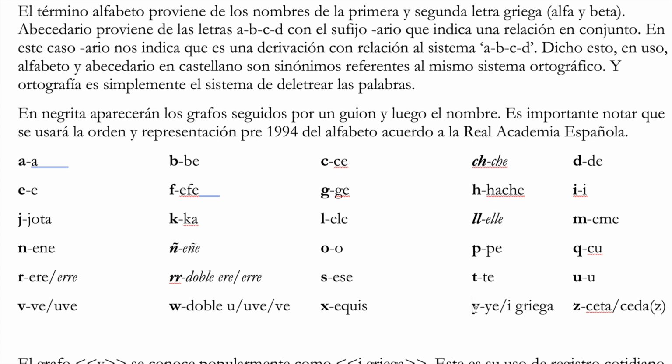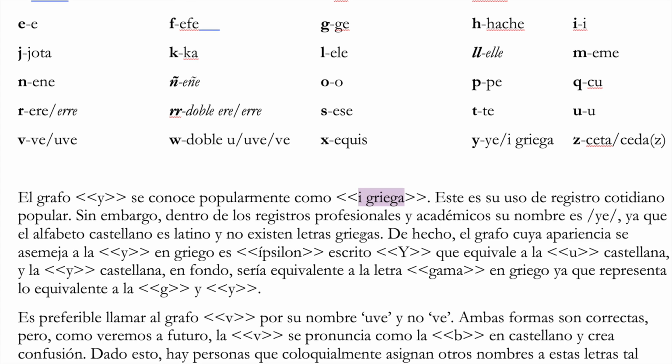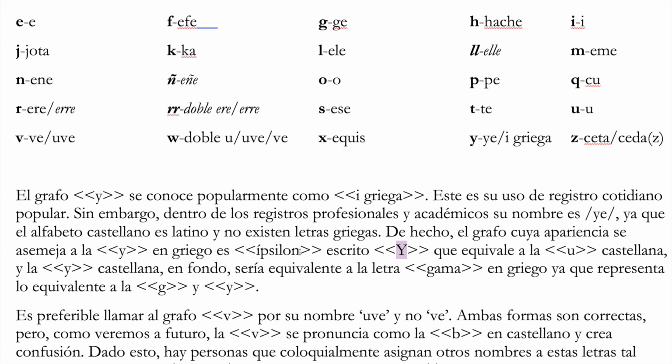And one final note about this one here, Y, this is the academic name, Y, this is the colloquial name. And the reason why is it's not a Greek I. I mean, commonly it's referred to as Greek I, literally I Greek or Greek I. But the Greek letter that looks like this would be this one, which is epsilon, which would be equivalent to U phonetically, as opposed to the Castilian Y or the Spanish Y, which would actually be equivalent to gamma, which could have been a G or a Y as we know it.